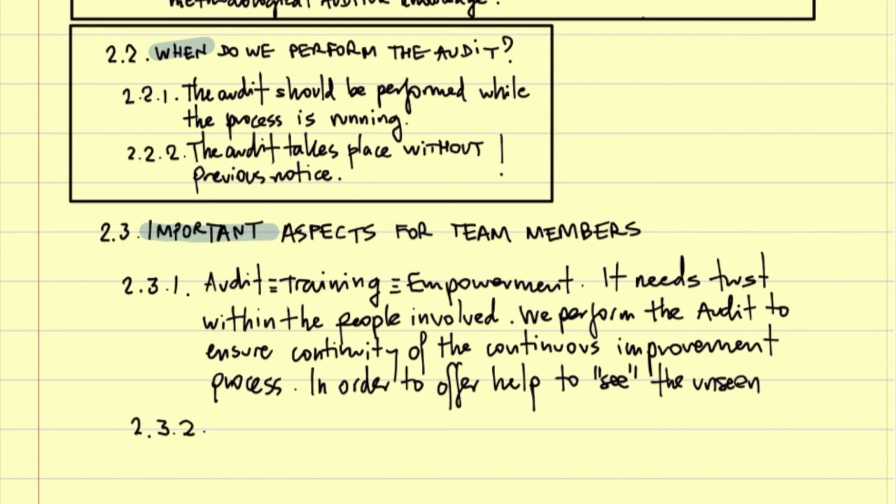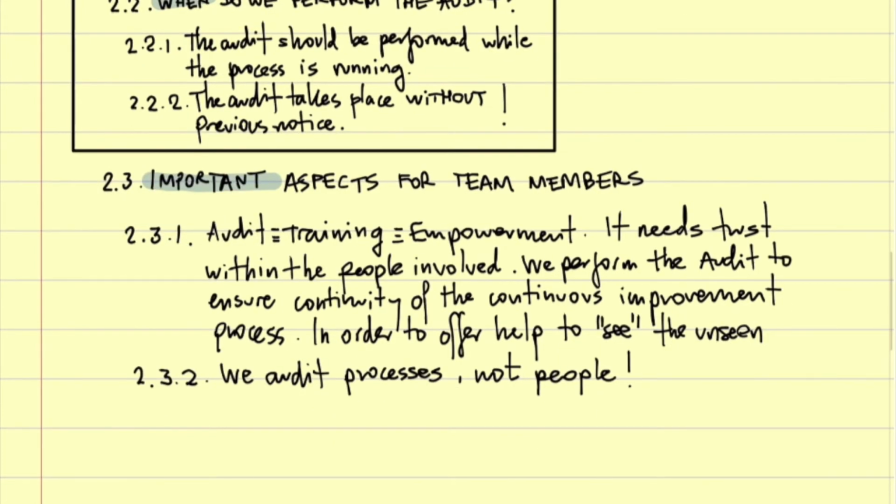We audit processes, not people. Not people. Important. Be hard on the issue, on the business, but soft on the people. We need to be very, very careful with information flow.